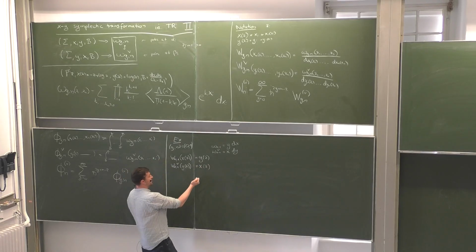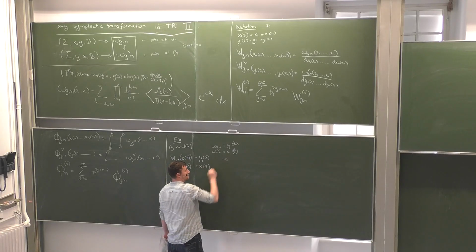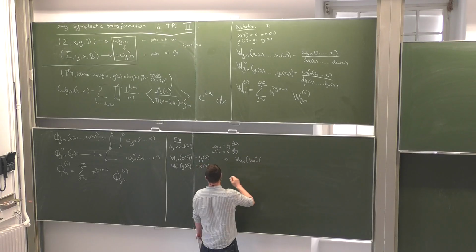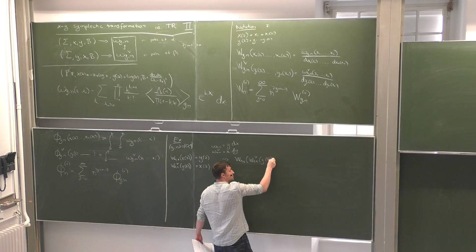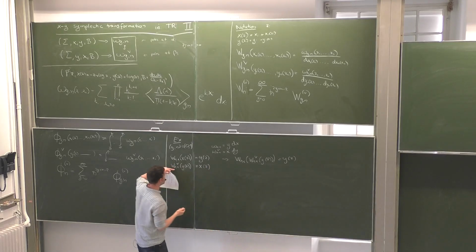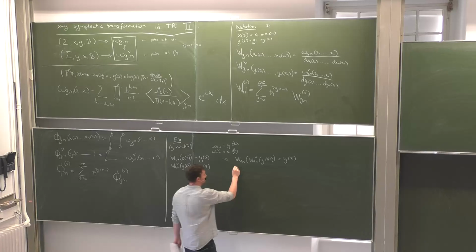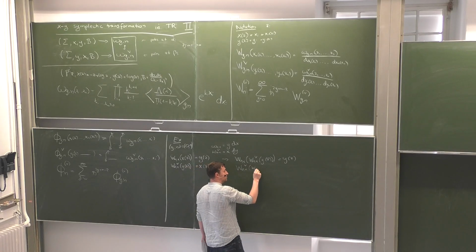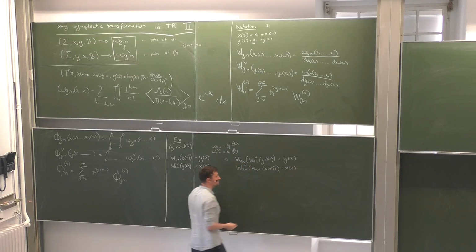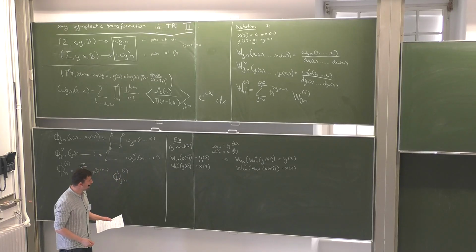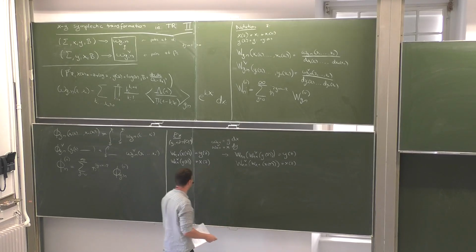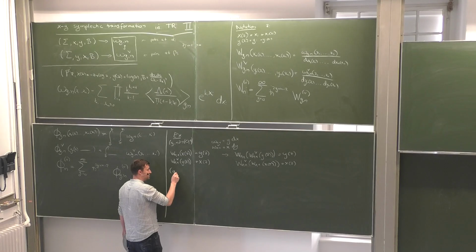Which means that if we insert this inside here, W_{0,1} of W_{0,1} check of y(z) is equal to y(z). So these two functions are formal inverse functions to each other. The same, W_{0,1} check of W_{0,1} of x(z) is x(z). Okay? So this is maybe an interesting observation, maybe not directly clear for people seeing this the first time.